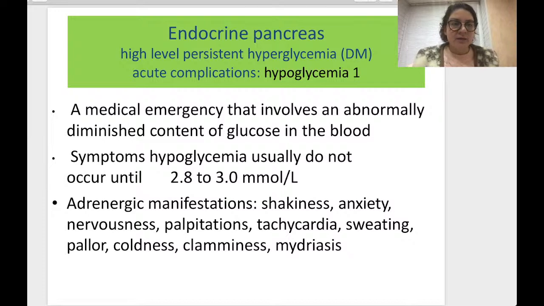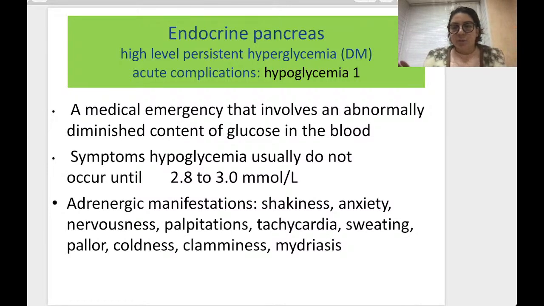Hypoglycemia is a medical emergency that involves an abnormality, a diminished content of glucose in the blood. Symptoms of hypoglycemia usually do not occur until the glycemia level is 2.8 to 3 millimoles per liter. But here is a very important moment.